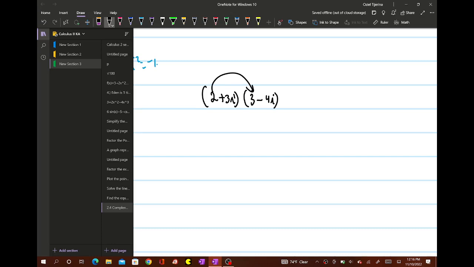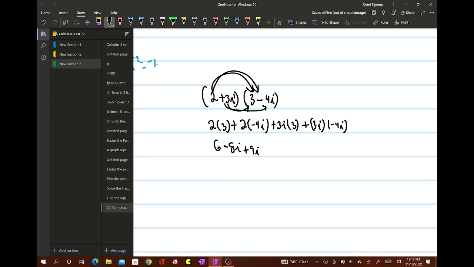Let's do 2 times 3, plus 2 times negative 4i, plus 3i times 3, plus 3i times negative 4i. This is 6 minus 8i plus 9i, and then minus 12i squared.